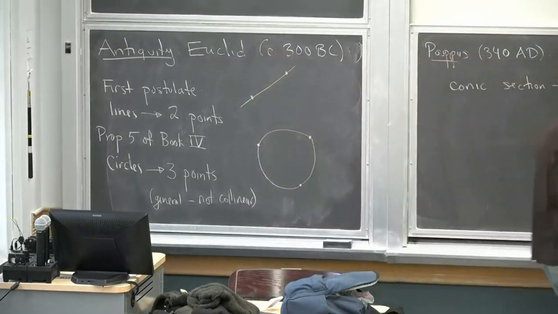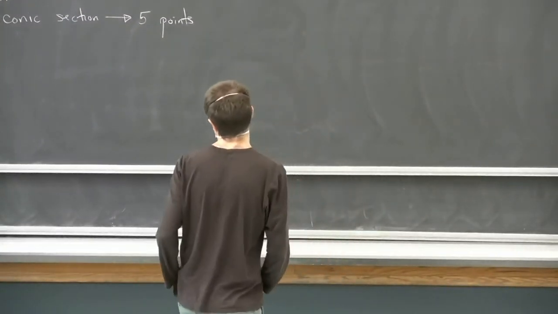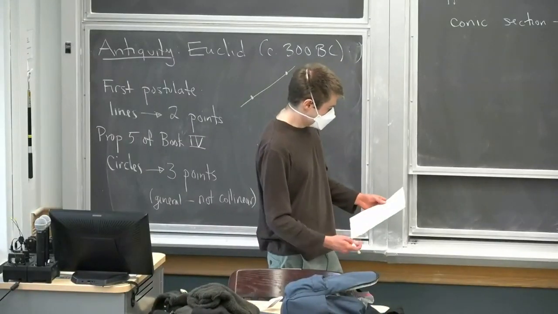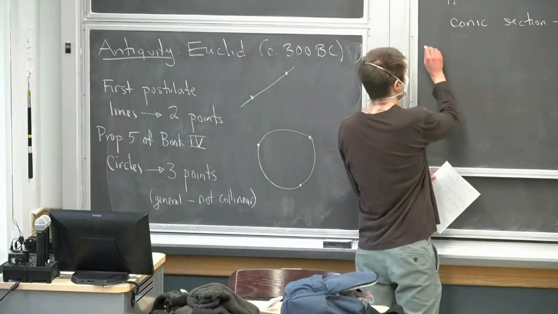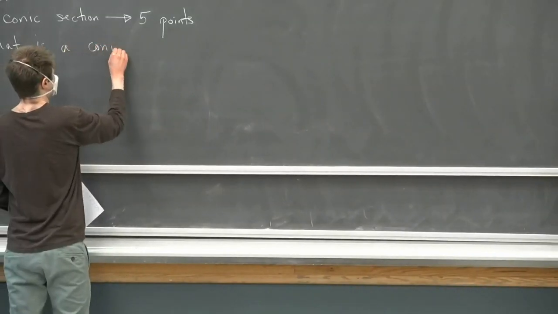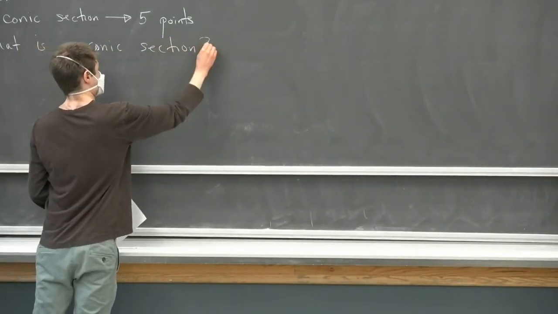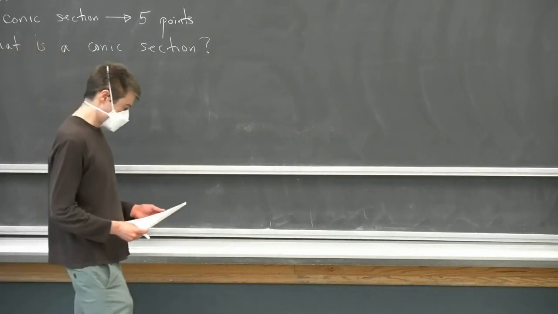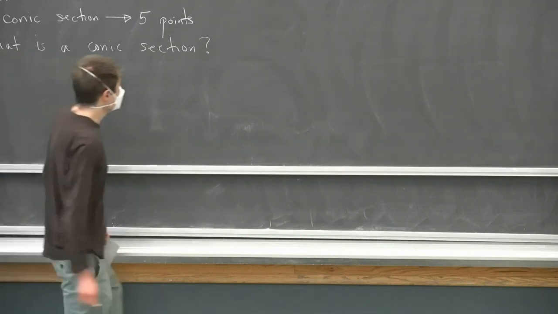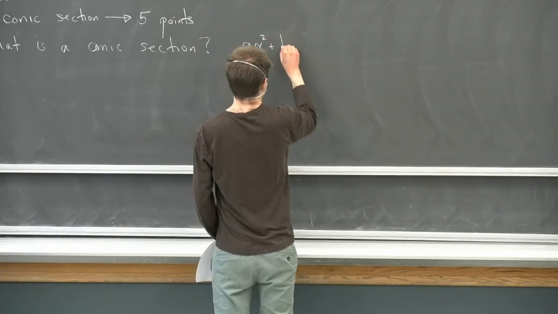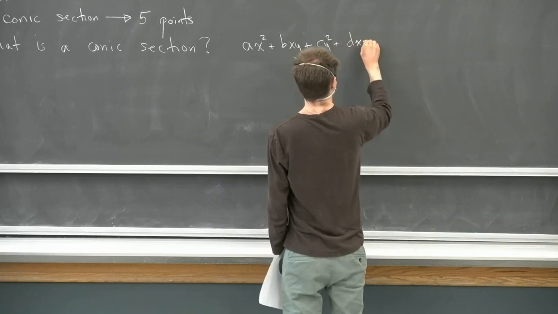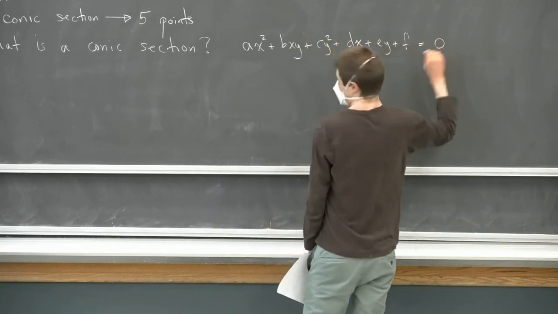So let me explain now how to reprove this result of Pappus in a very easy way. So what is a conic section? Well, I can forget all about foci of ellipses and all these things, and I can just say, a conic section is something that I can write as ax squared plus bxy plus cy squared plus dx plus ey plus f equals 0.